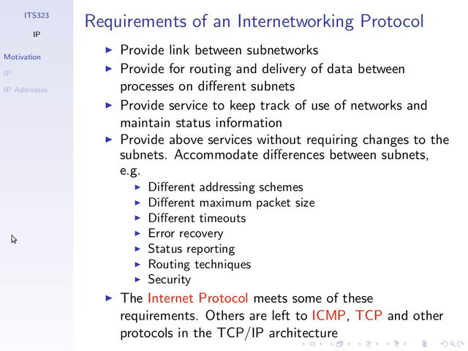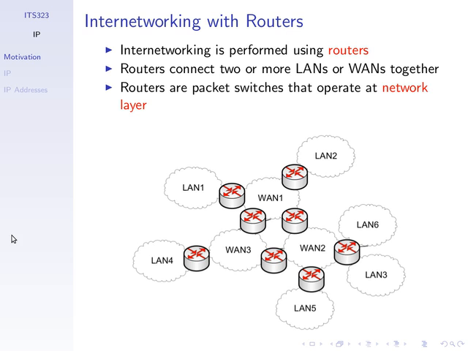Two subnets in our internet, this subnet and this subnet, will use two different technologies potentially. To allow data to be sent across both of those networks, we need to support or handle the differences between them. Let's use addresses as the first example.